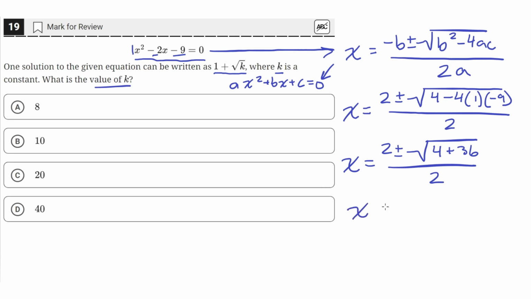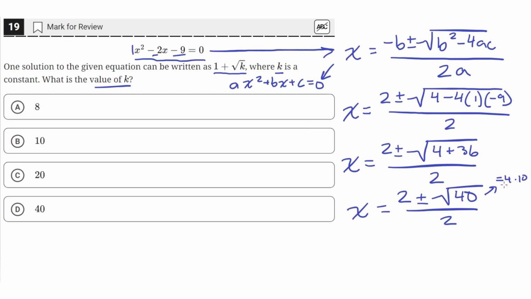Okay, so let's simplify this square root down. So we'll still have the 2 plus minus the square root of 40 over 2. And we know that 40 is equal to 4 times 10, right? So 40 equals 4 times 10.